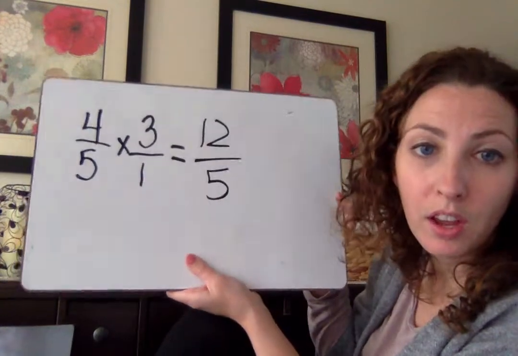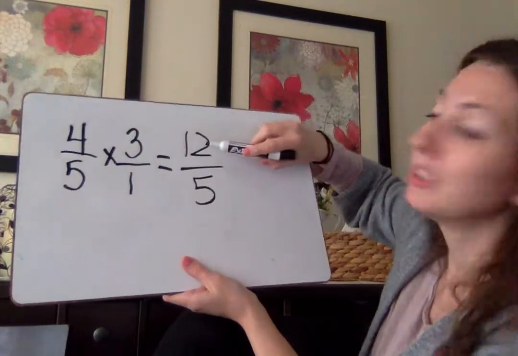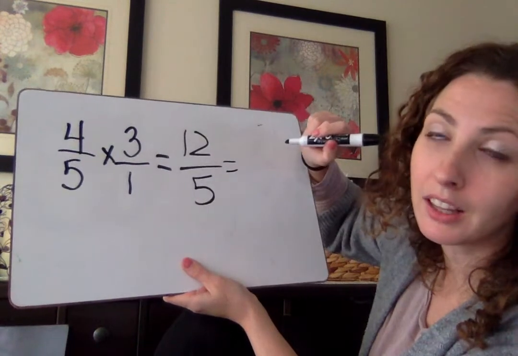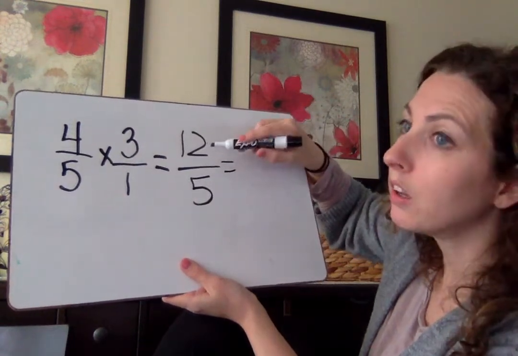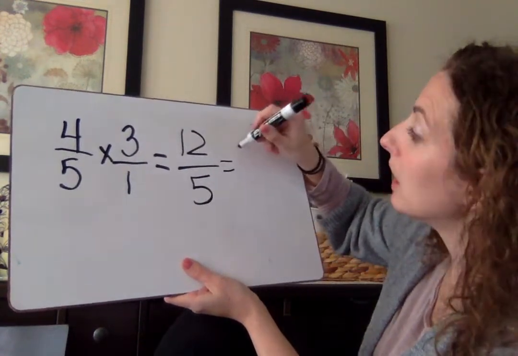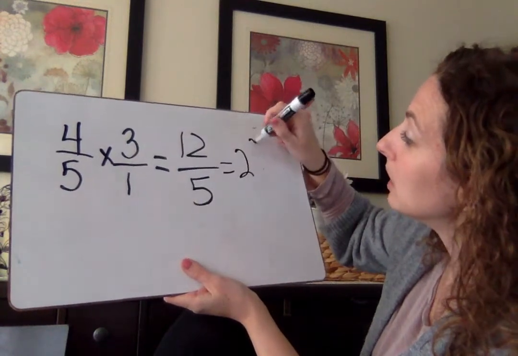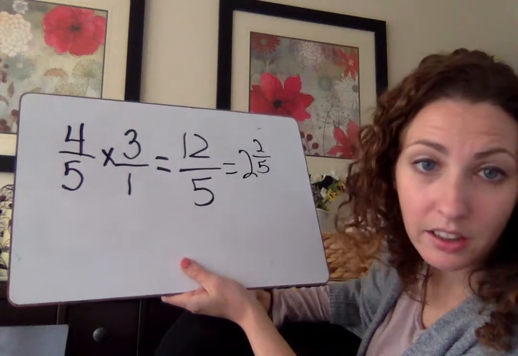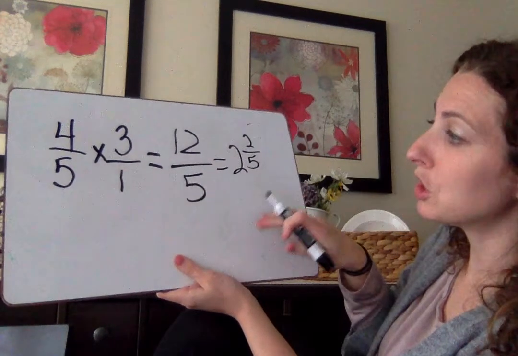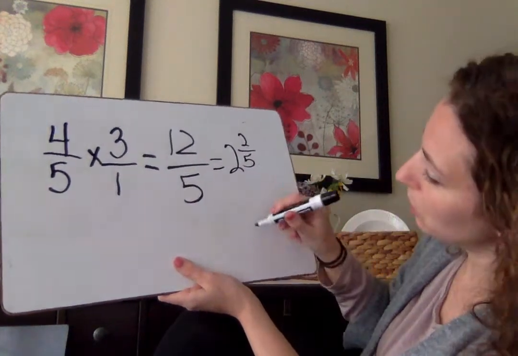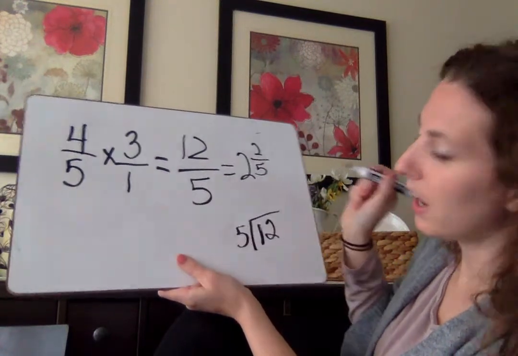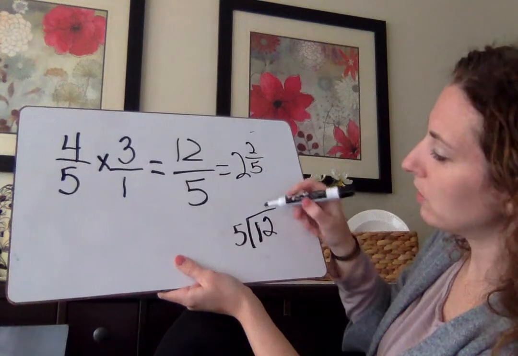Now, to do that, we divide, right? So we're really saying 12 divided by 5. Now, if you did it in your head, you might look at it like this. 5 goes into 12 2 times. It'll give me 10. And then 12 minus 10 is 2 over 5. If you can't do it in your head yet, and that's okay, you're just going to do it written out this way. So you're going to do 12 divided by 5. 5 goes into 1?